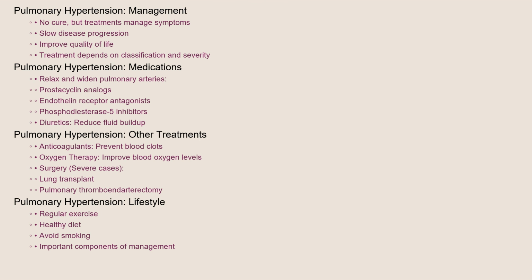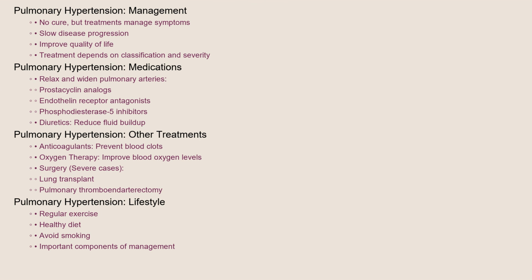While there's currently no cure for pulmonary hypertension, treatments are available to manage symptoms, slow the progression of the disease, and improve quality of life. Treatment options vary depending on the classification and severity of the condition. These may include medications to relax and widen the pulmonary arteries, such as prostacyclin analogs, endothelin receptor antagonists, and phosphodiesterase 5 inhibitors.